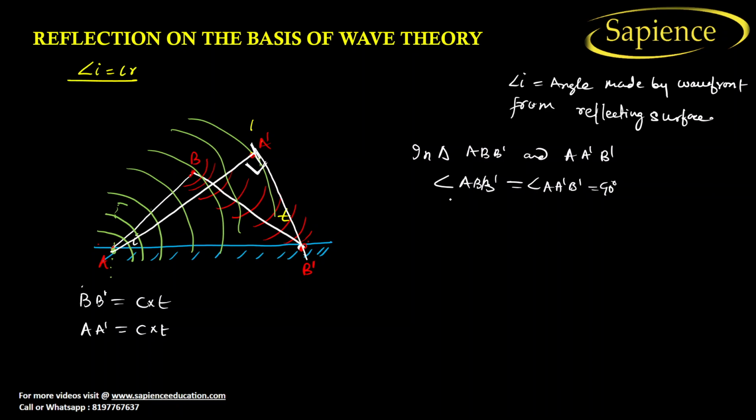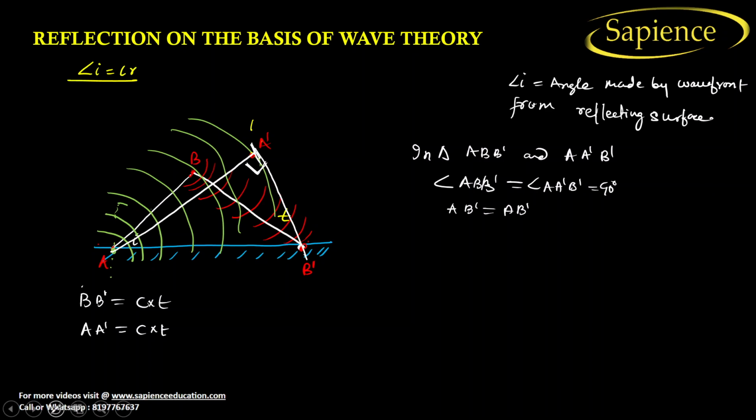So this is one angle which is equal. And AB dash is equal to AB dash because it is the same side.